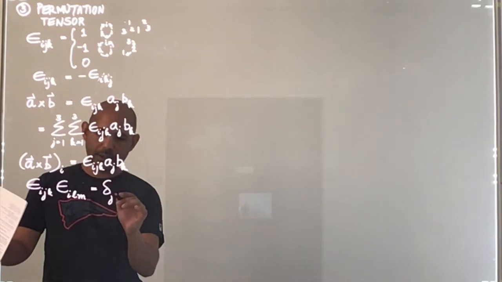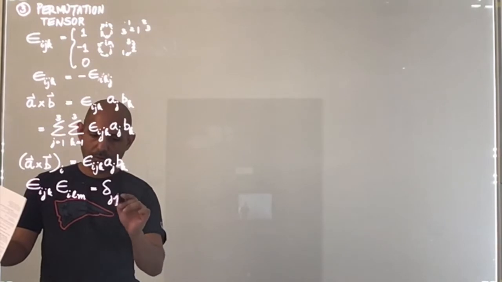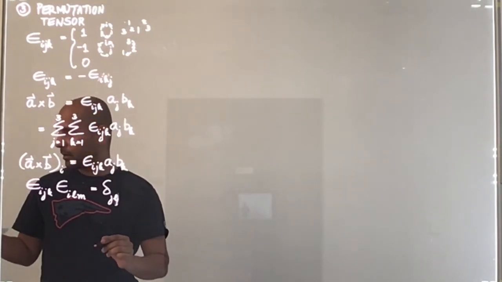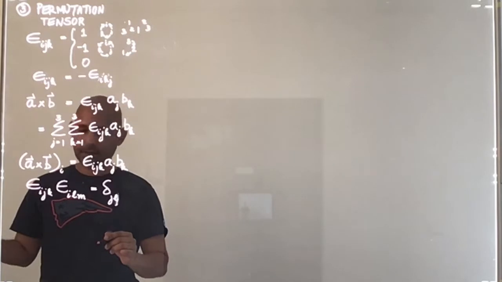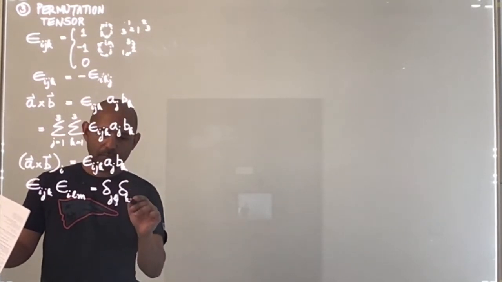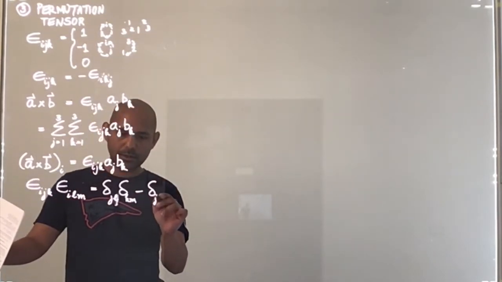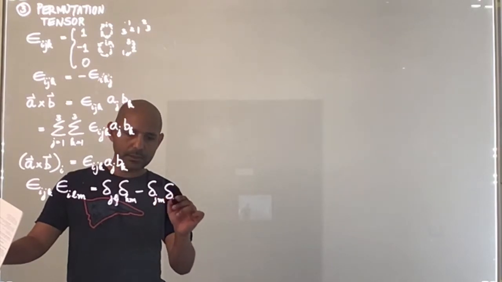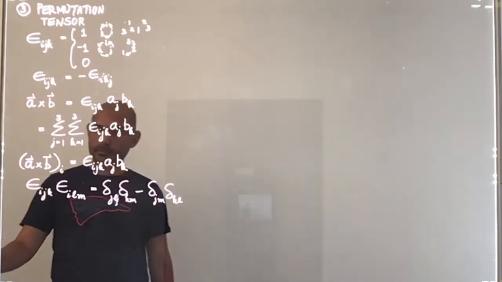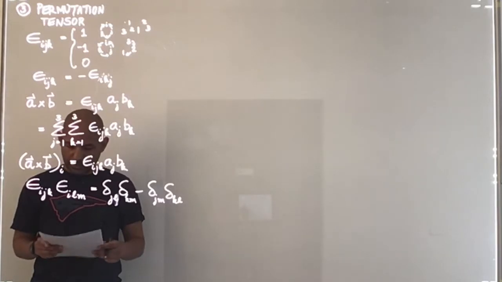This is delta jl, j from here, I can write jl, yes, and km, minus swap them. So delta jm, delta kl. Okay? That's pretty much it with the permutation tensor.